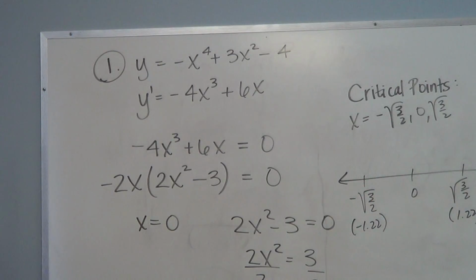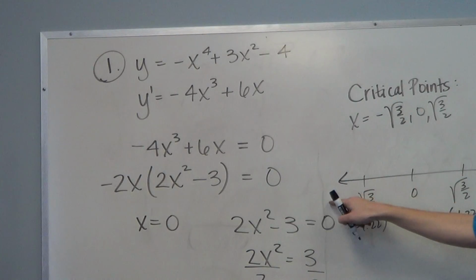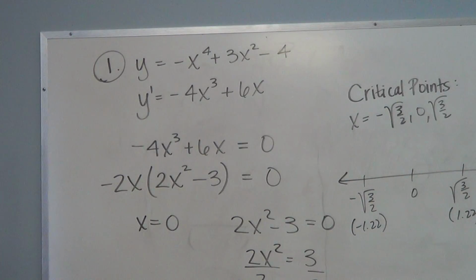So if we test f prime of -2, that would be out here. We'd have -4 times -2 cubed plus 6 times -2. We just need to know if it's going to be positive or negative. Then we'll test a point from 0 to -1.22, so -1 would be in there.